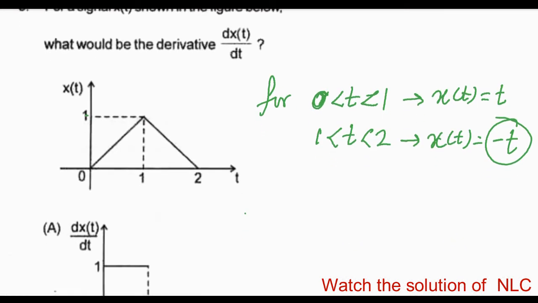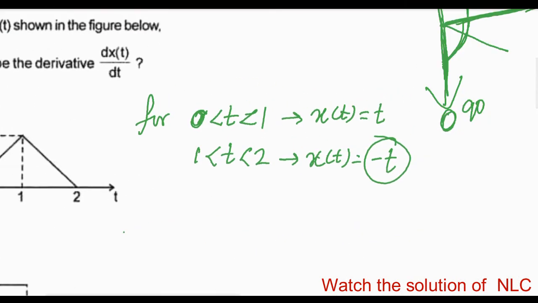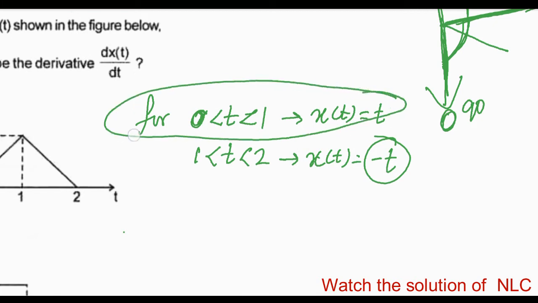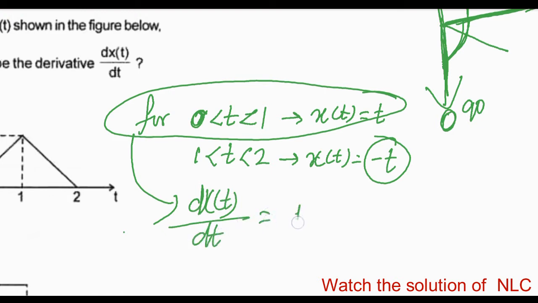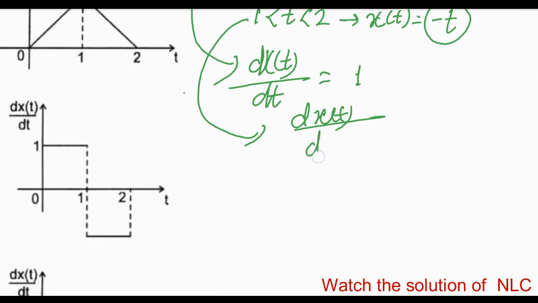So what will be the derivative value for this part? What will be the derivative value for a ramp signal? The derivative value will be a step input. So for this part, dx(t)/dt will be 1, and for this part dx(t)/dt will be minus 1, and this will be a step value.